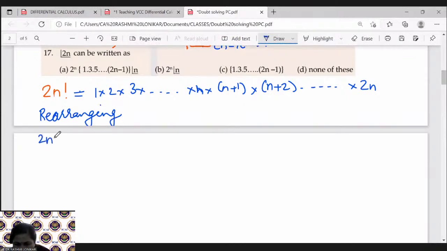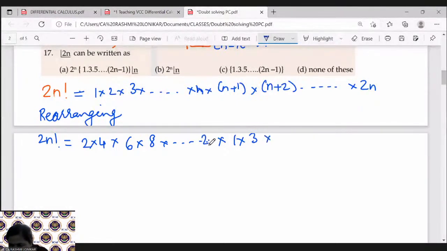2n factorial can be written as 2 into 4 into 6 into 8 into so on. And then I will write down all the odd terms. These are all the even terms, and odd terms will be 1 into 3 into 5 into so on, right? So what do I do here is, until where will I go?